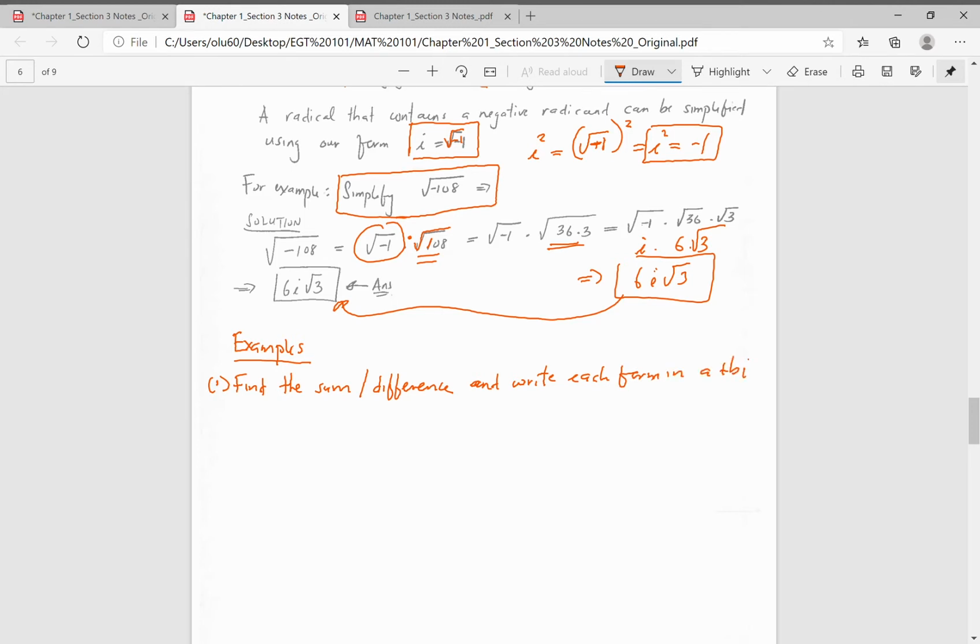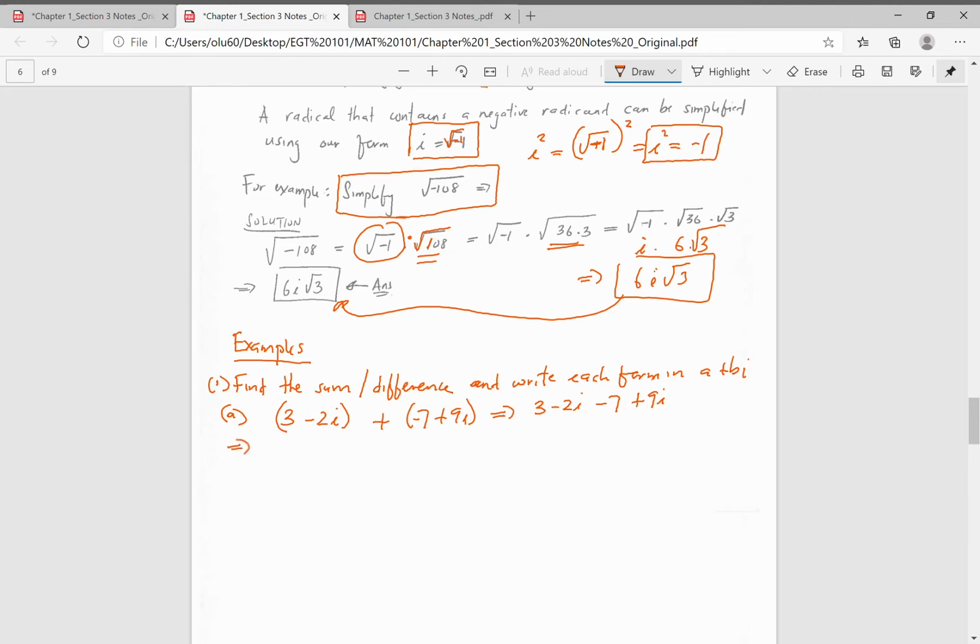Okay, so the first one is going to be 3 minus 2i plus negative 7 plus 9i. When we do that, we want to open up the parentheses as our next step. So that's going to be 3 minus 2i minus 7 plus 9i.